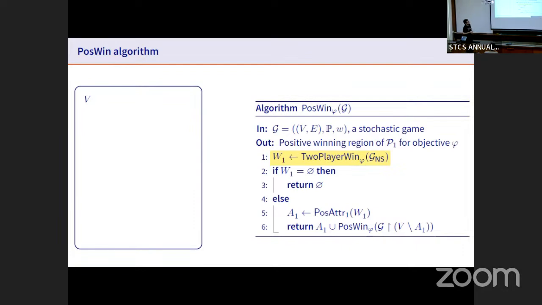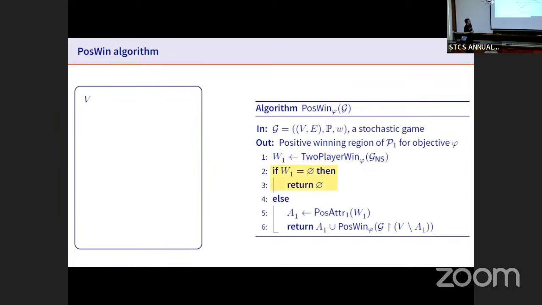This is an algorithm to compute the winning region for the same objective in a non-stochastic game. This we have from the 2015 paper, and we'll use it as a black box in this paper. So let W1 be the winning region for player one in the adversarial non-stochastic game corresponding to G.